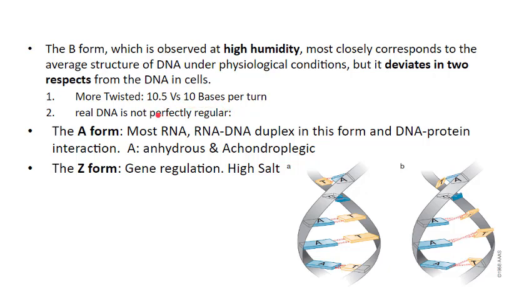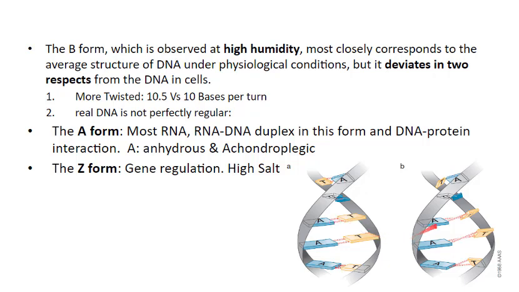So you can see, real DNA is not perfectly regular. When you see the bases of real DNA, if you make the whole DNA vertical, then in the double helical model of Watson-Crick, the bases are very parallel to the floor.